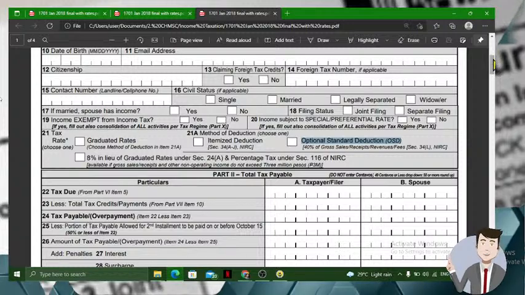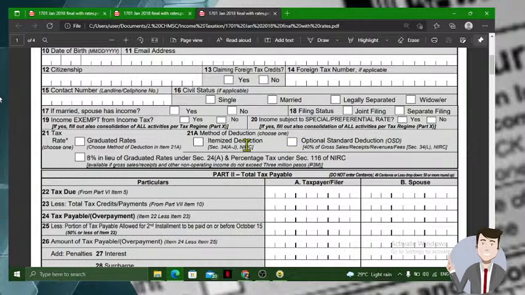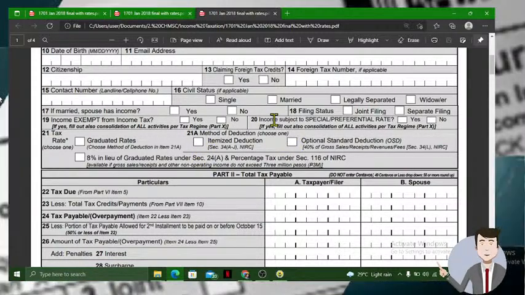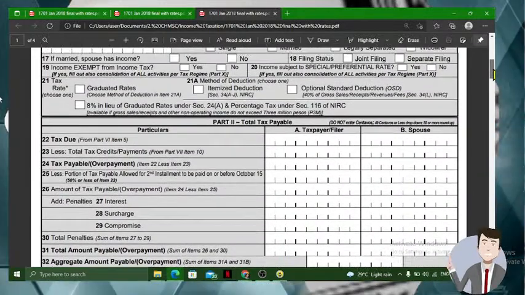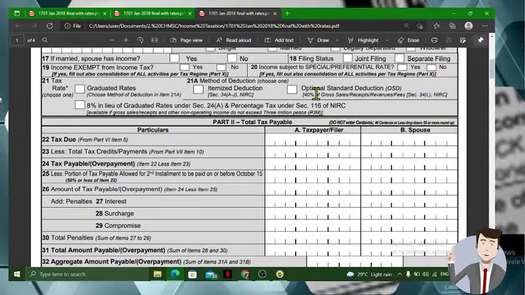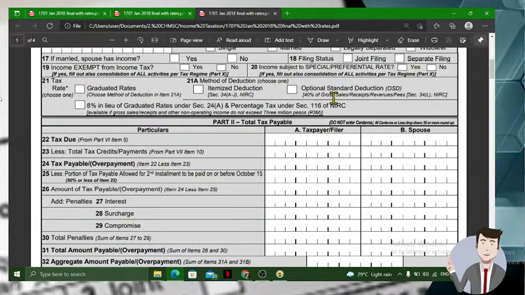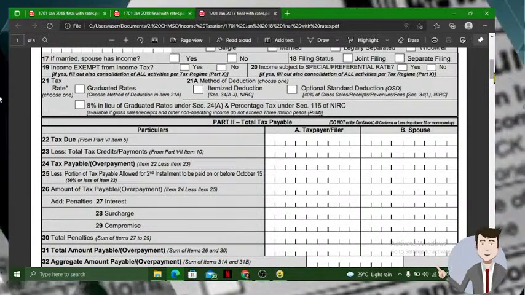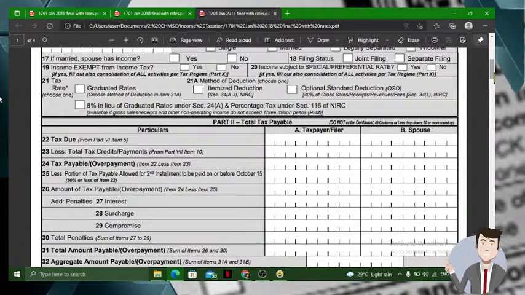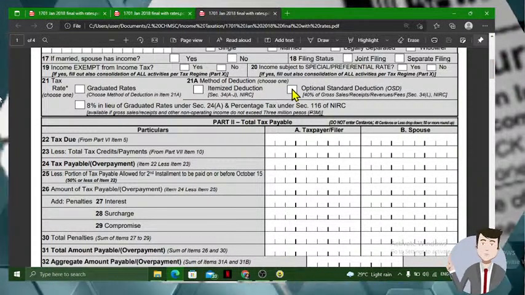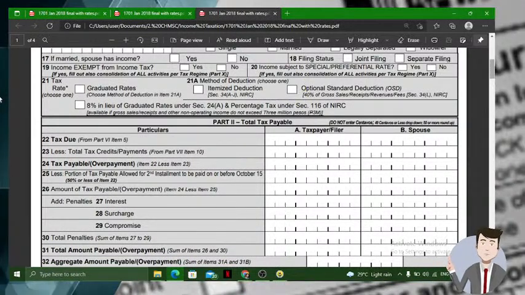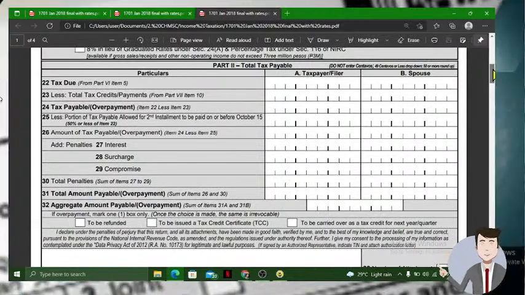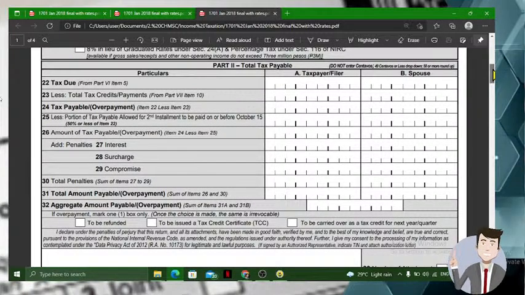So in case you did not select optional standard deduction or itemized deduction, the rule is that you are availing itemized deduction, because OSD is just in lieu of itemized deduction. So if you want to choose OSD, kindly indicate it on your BIR Form 1701 first quarter. Okay, so the first page is the summary of your payment or your income tax due.